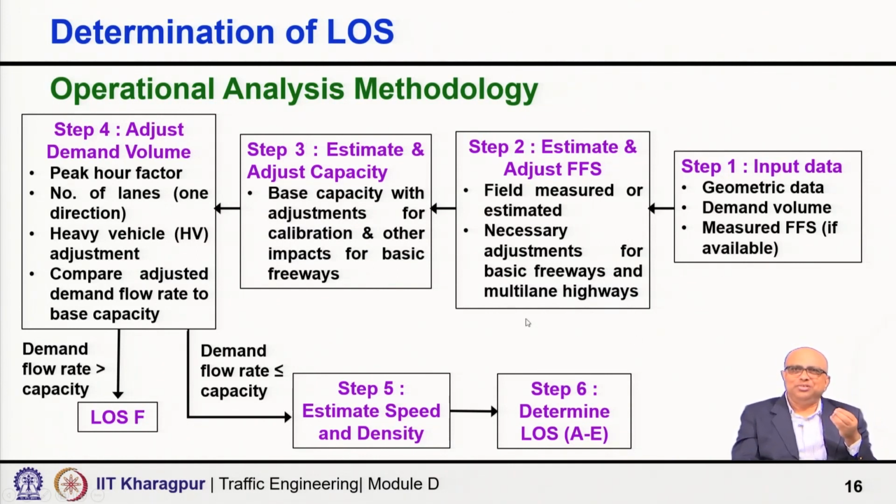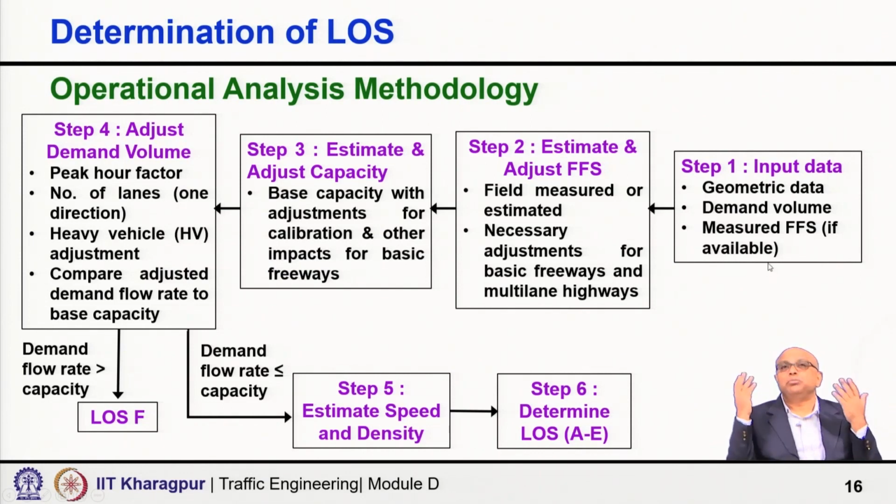chart that is shown. It is a 6-step methodology. The first step starts with the input data. We have geometric data, because we know the lane width, how much shoulder width is available, and all other values including the demand volume and measured free flow speed if available; if not, we can estimate it.